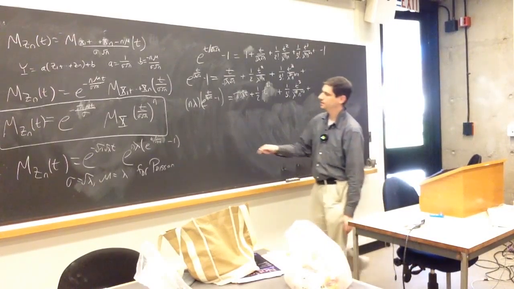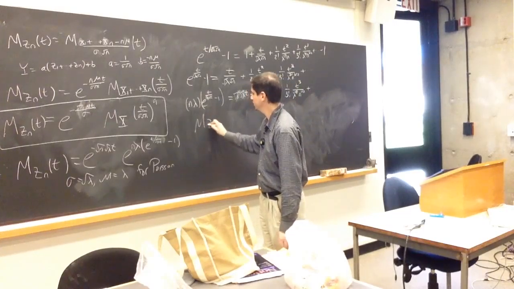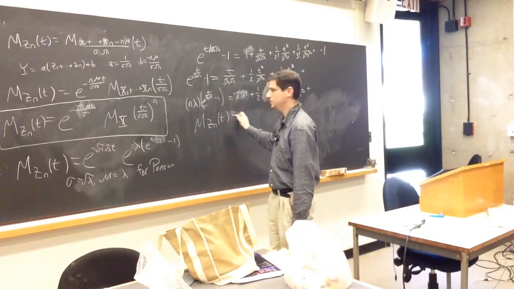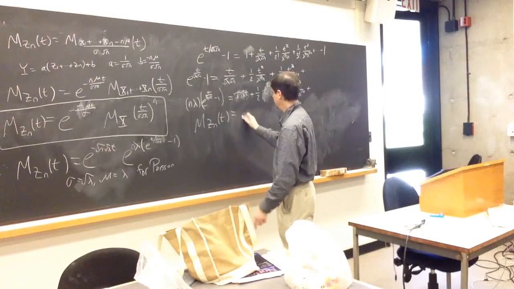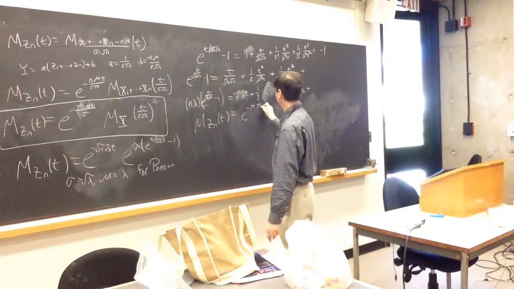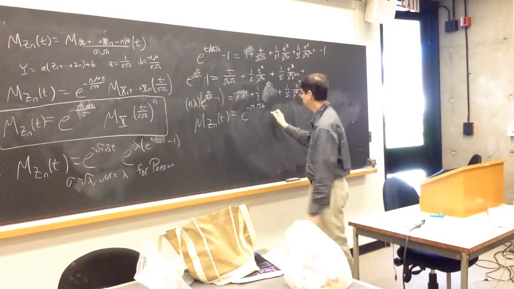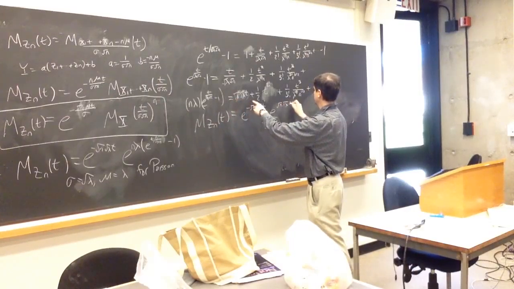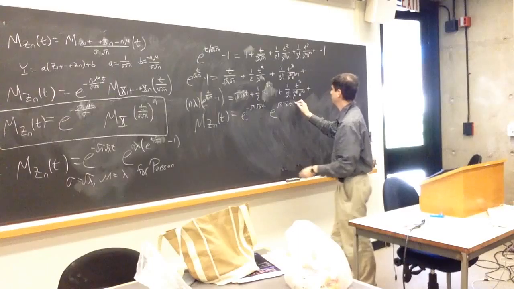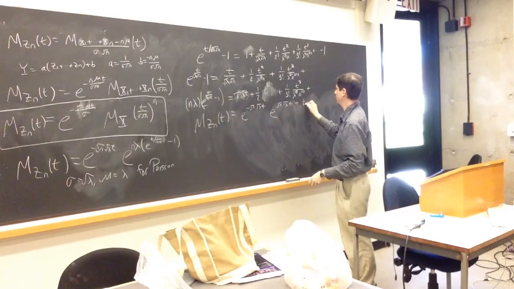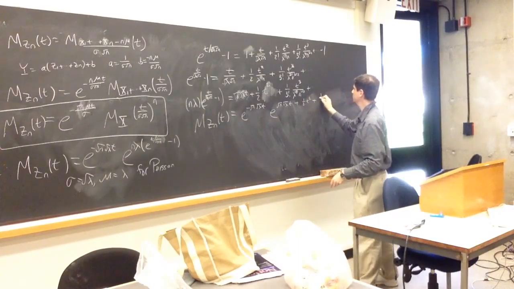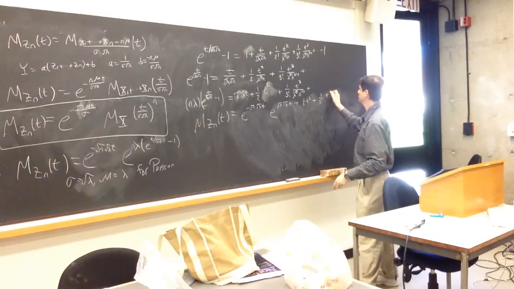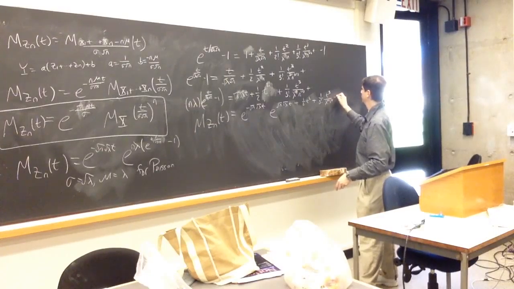And so now we get that the moment generating function is going to be e to the negative square root of n square root of lambda t. And now from this piece, it's going to be e to the square root of n square root of lambda t plus 1/2 t squared plus 1 over 3 factorial t cubed over lambda to the 1/2 n to the 1/2 plus dot dot dot.